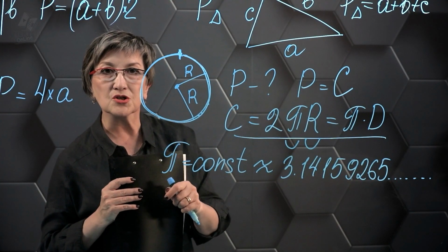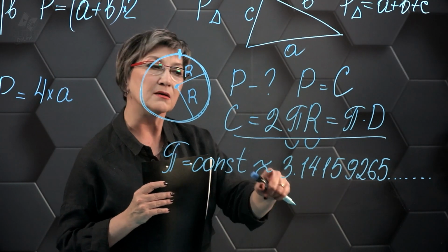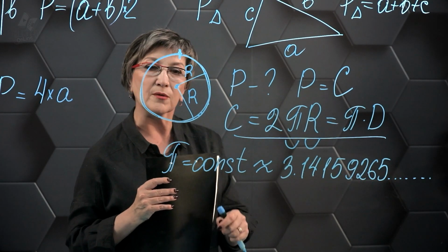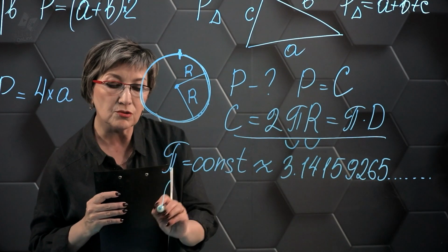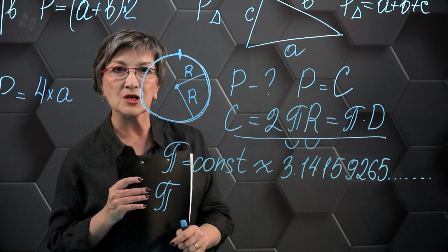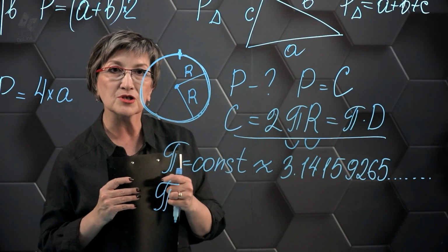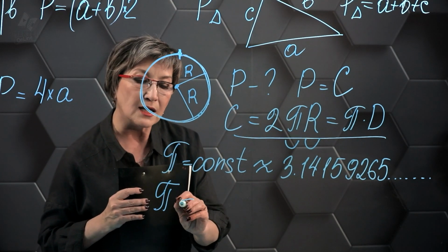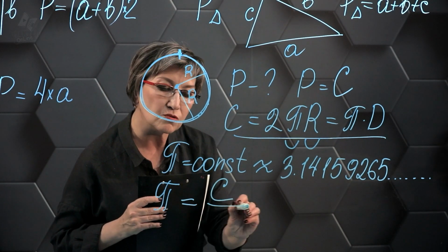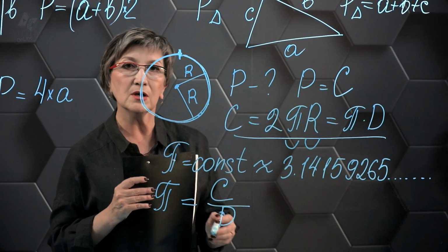it's very common in answers to write this number pi without multiplying out this huge number. But beware. Why did we take this value for the number pi? The fact is that no matter what circle we take, the ratio of the circumference to the diameter will always be equal to this number.